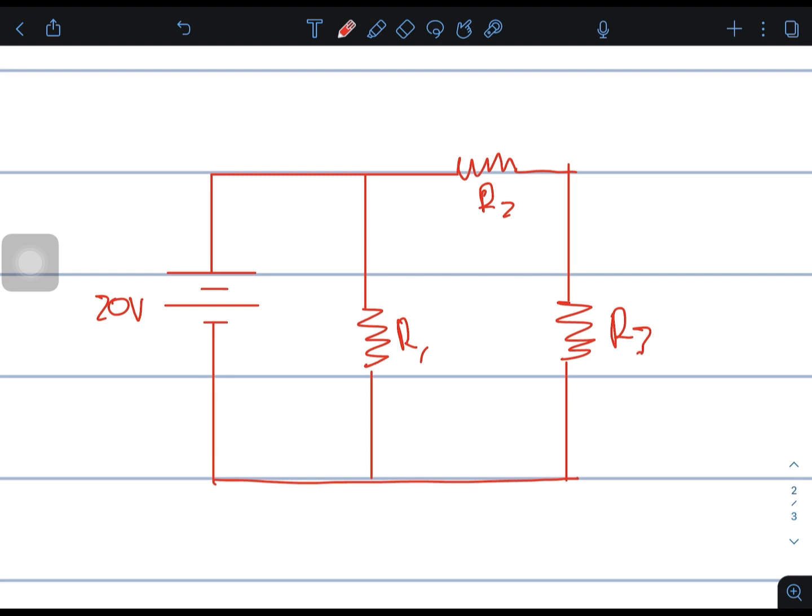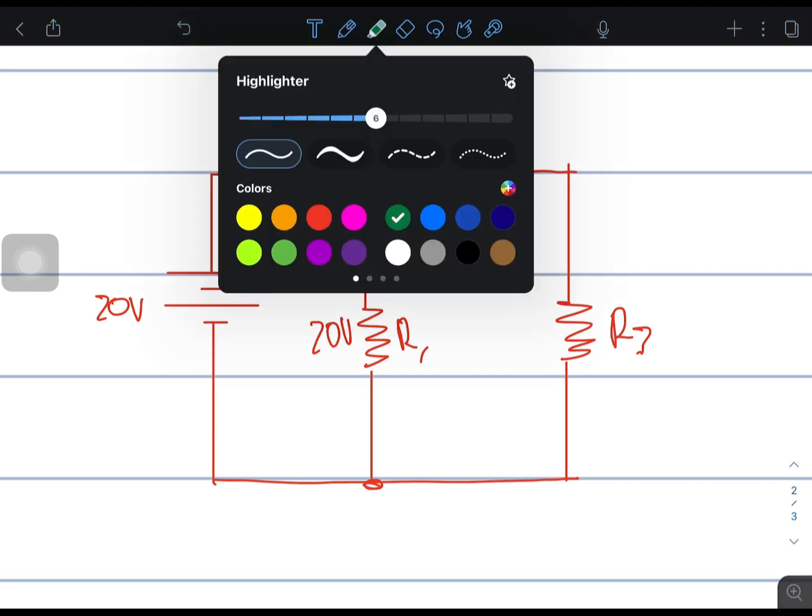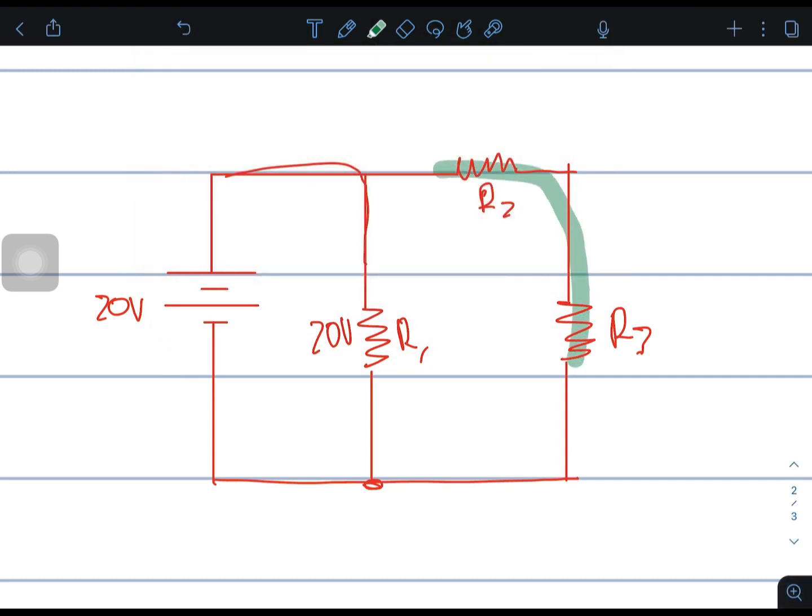We know that the voltage here is 20 volts, because this is a parallel circuit. The voltage across these two resistors R2 and R3 is 20 volts. They are in series.